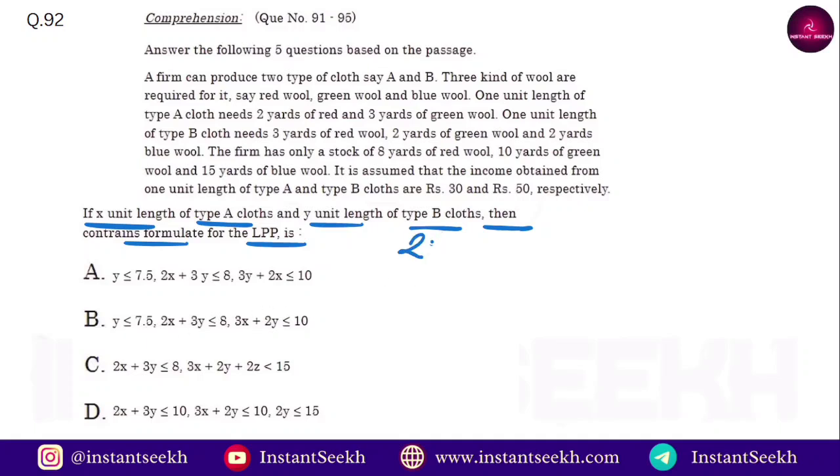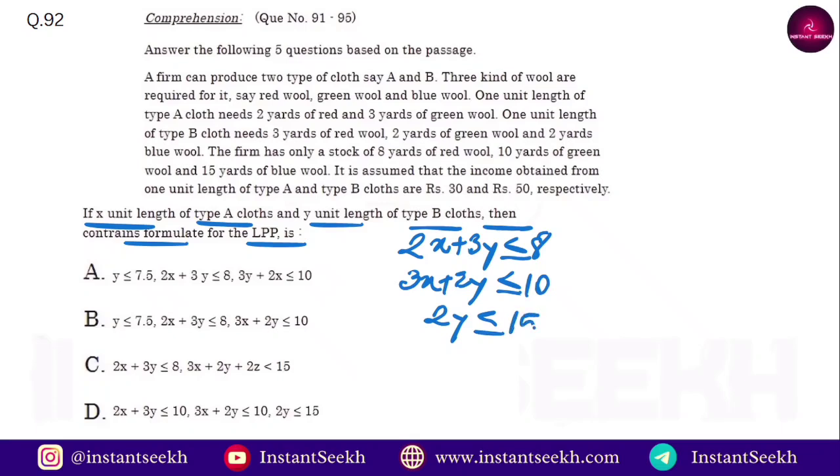We have formulated these, right? 2x plus 3y was less than equal to 8, 3x plus 2y was less than equal to 10, then we had 2y less than equal to 15. These were the equations.